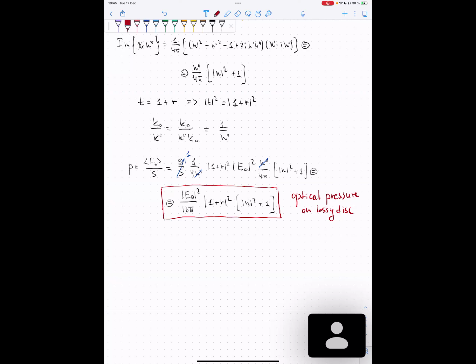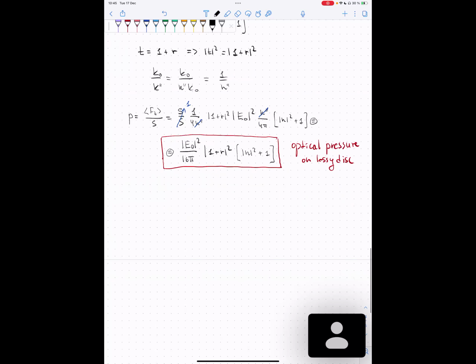Here we need to calculate an integral over the whole volume of the disk. So this was our disk. It's more or less simple in the case of the disk, but if you have some complex structure, we need to find the fields inside our disk.